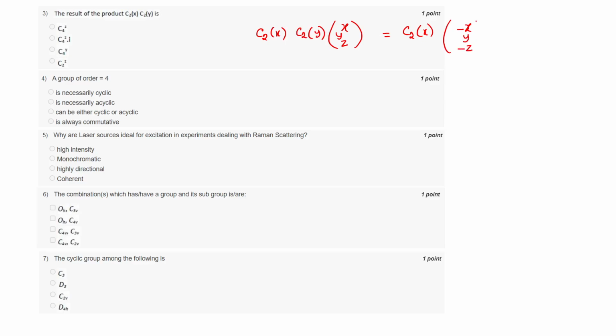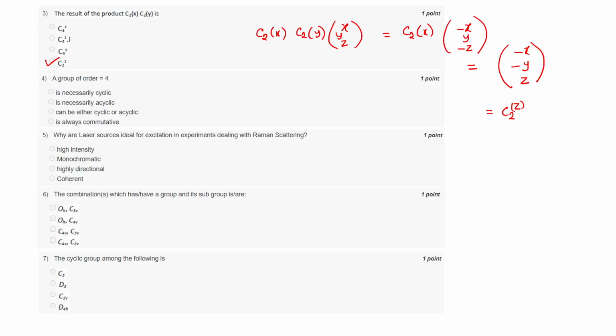Now it will become minus x, this will become minus y and z. So it will become C2z. This is the correct answer, right? Now the next question.